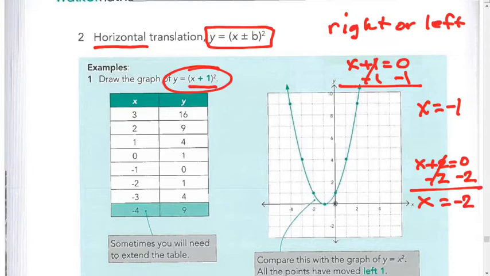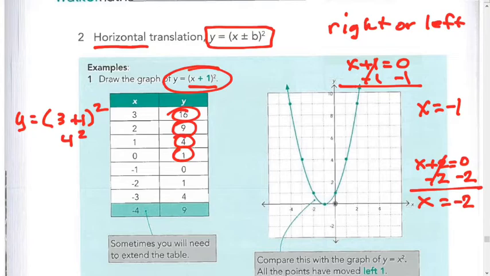So what they did was simply x plus 1 squared means take your number, add 1 to it, and then square it. So that becomes 4 squared, which is how they got the 16. So 2 plus 1 is 3 squared gives you 9. 1 plus 1 is 2 squared gives you 4. 0 plus 1 is 1 squared gives you 1, etc.